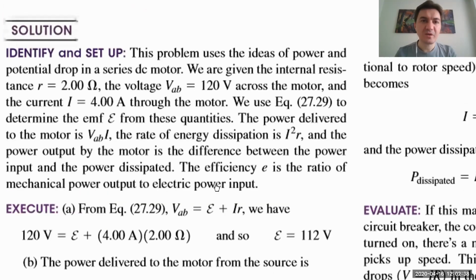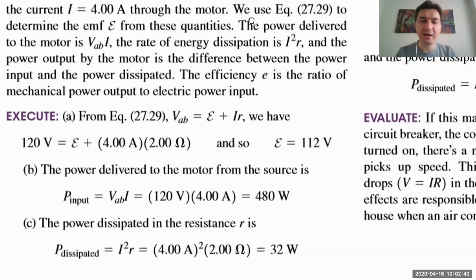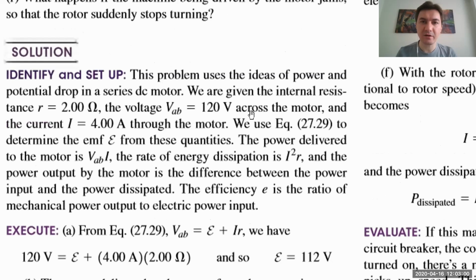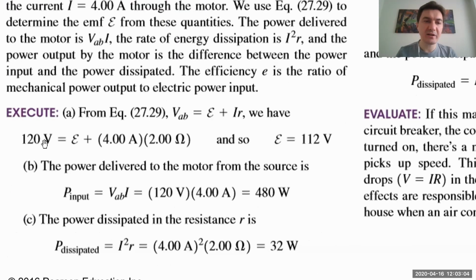First question: what is the EMF in the rotor? We have learned that VAB, the potential difference, is given by the induced EMF plus the dissipated voltage within the resistance of the system, I times R. We know that VAB is given, 120 volt, so put it there.